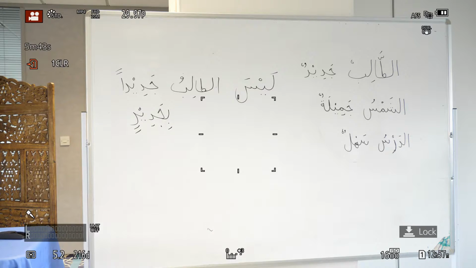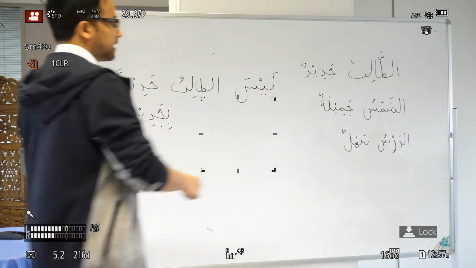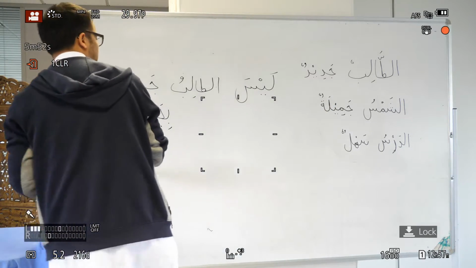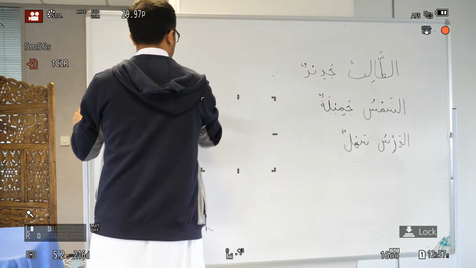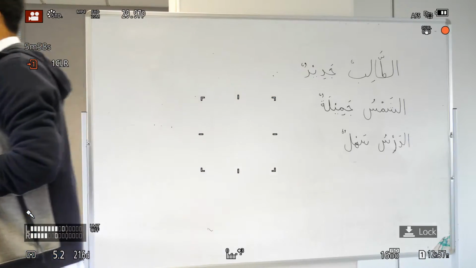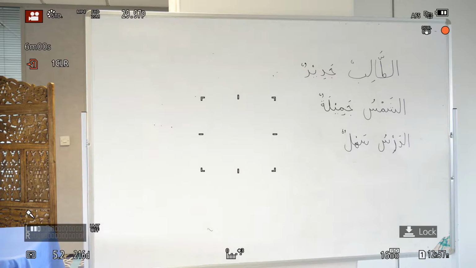So what word are you going to use for ash-shams? Laysat, yeah. Why is it laysat? Because ash-shams is feminine. So you're going to say laysat ash-shamsu. So I've given you the first part. Laysat ash-shamsu bi jamilatin.